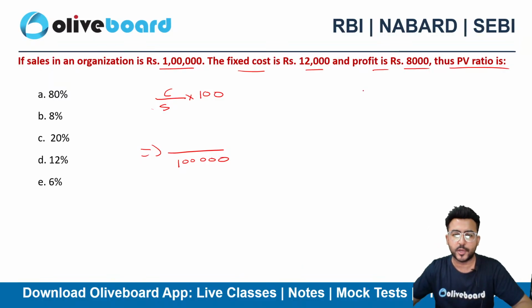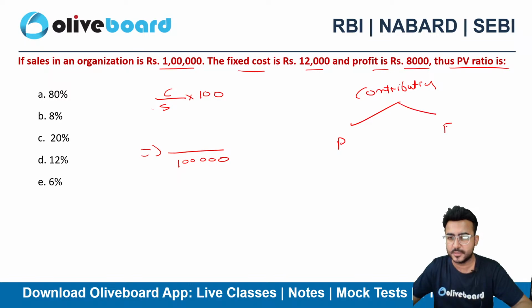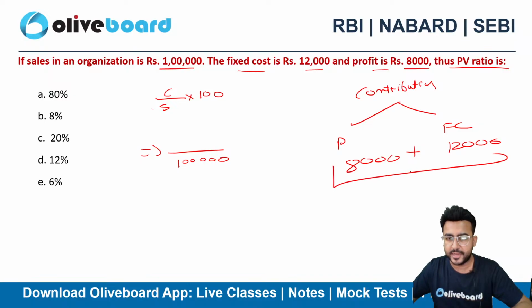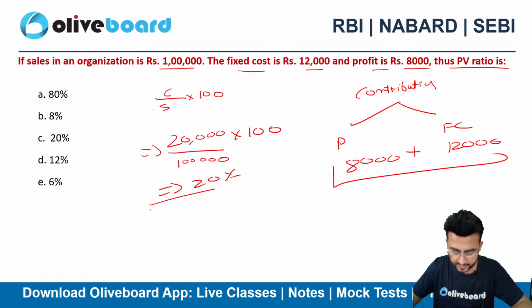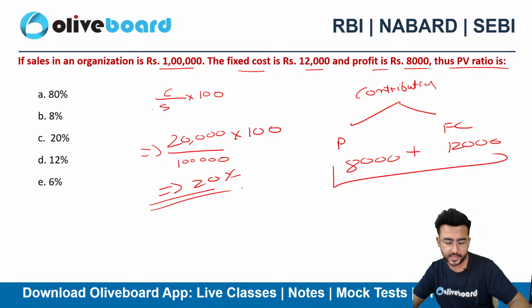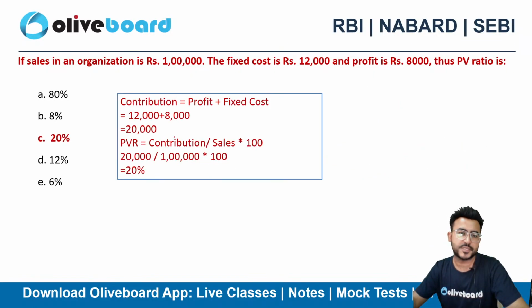What is contribution? Profit plus fixed cost. They have given the fixed cost of 12,000 and profit of 8,000, so 20,000 is my contribution. So 20,000 divided by 1 lakh into 100, 20% is my PV ratio here. Option C is the correct choice.